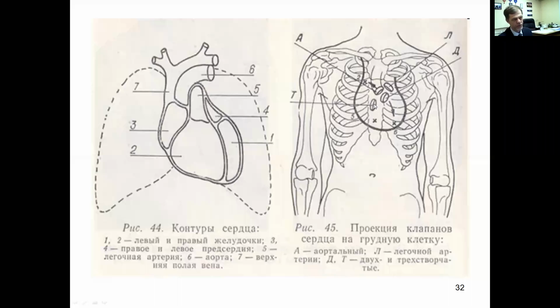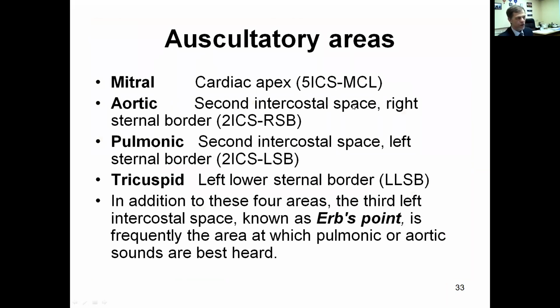For the tricuspid valve, the best point is the middle of the sternum. For the aortic valve, the best place is the second intercostal space on the right of the sternum. And for the pulmonic valve, more or less the same place, the second intercostal space on the left of the sternum.